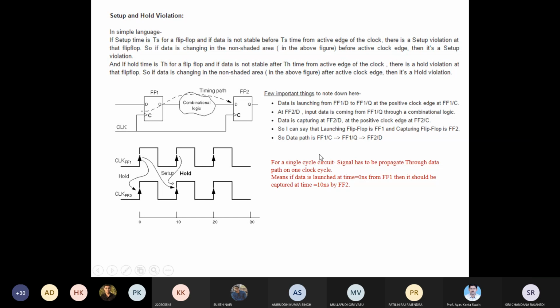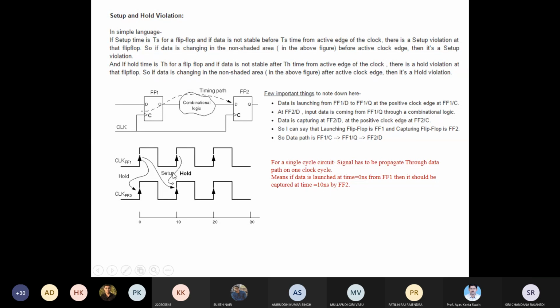So that's what I have written in the red color here. For a single cycle circuit, the signal has to be propagated through the data path in one clock cycle. Which means if data is launched at time 0 nanosecond from FF1, then it should be captured at time 10 nanosecond in FF2.